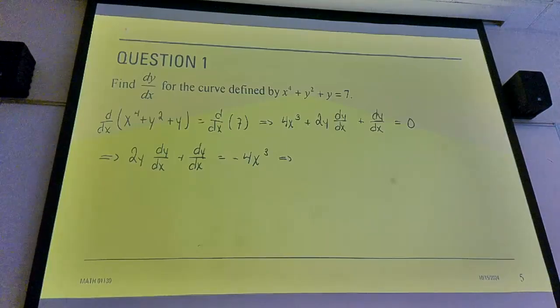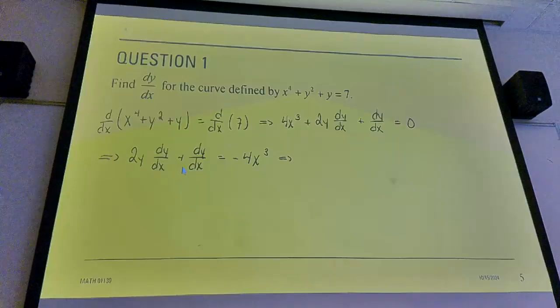Now what? And then divide out the 2y. If you do that, you're going to have a 1 over 2y dy/dx right here.